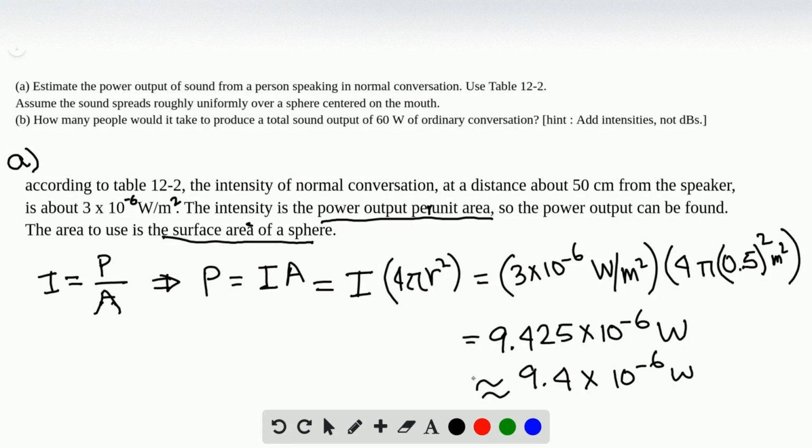Now this amount of power output is when you have only one person speaking, right?